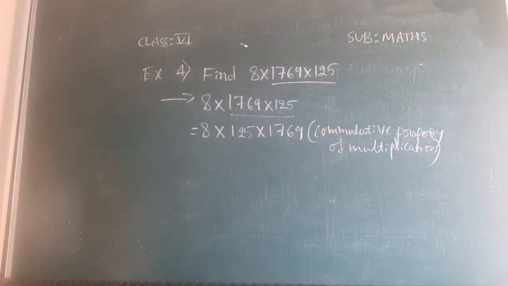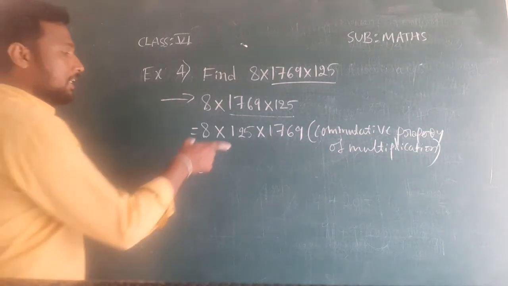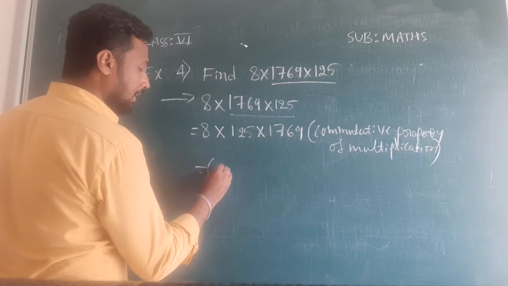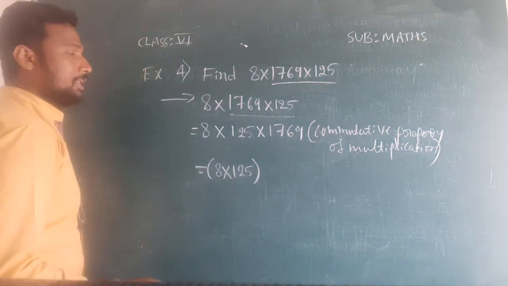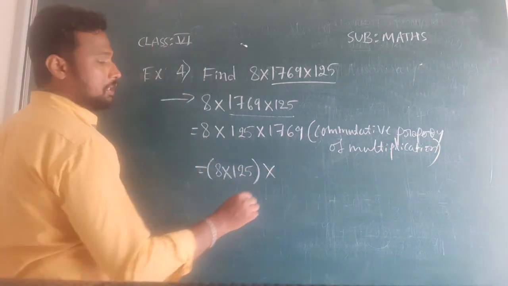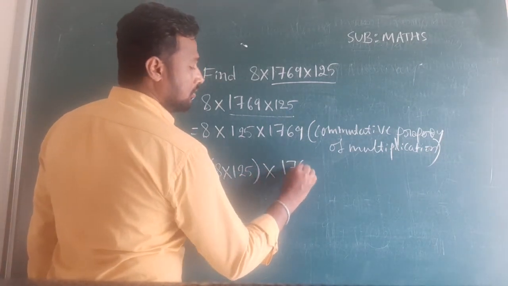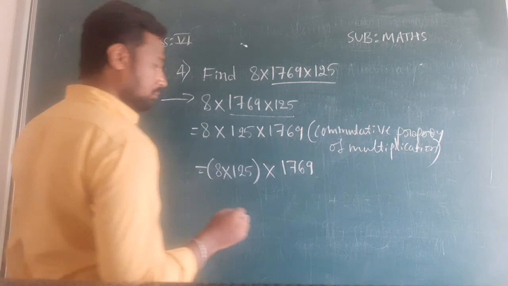Now after getting this, I will apply associative property. So what I will do now, I will apply brackets for the first two terms, that is 8 into 125. First I will multiply these two terms. Next I will multiply the answer with 1769.